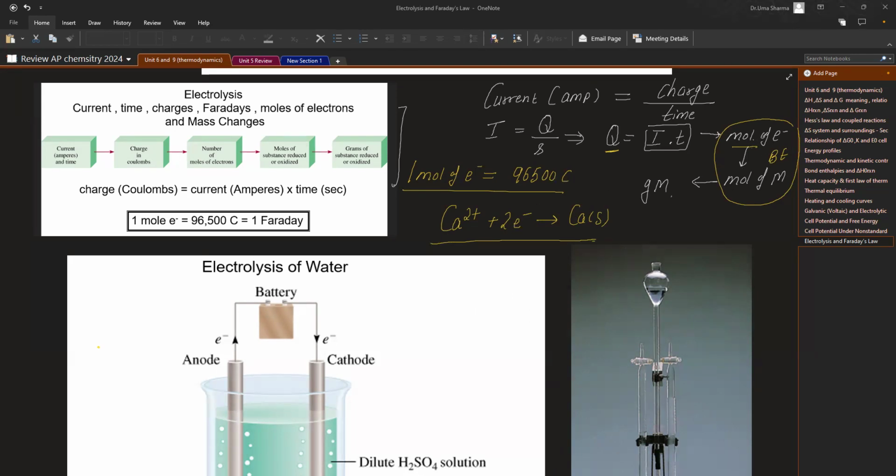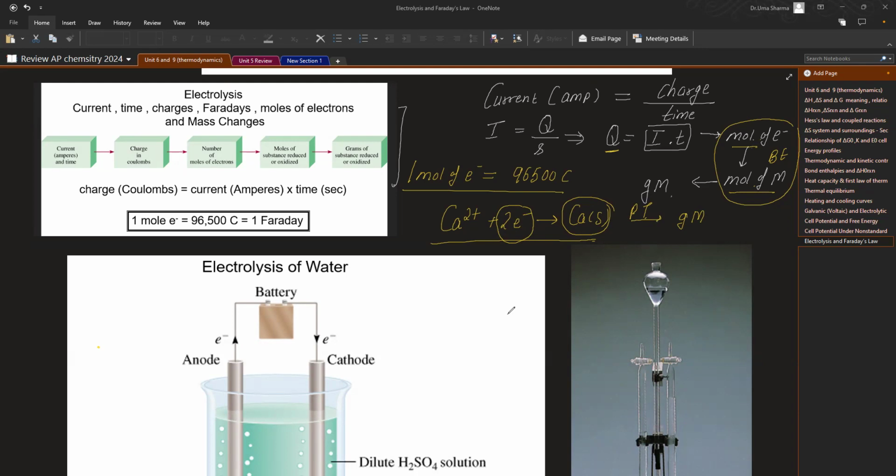So what is the relation between moles of electrons and moles of matter? That 2 moles of electrons can give you 1 mole of matter. Once you have moles of metal, you can convert that into grams of metal by using the periodic table, molar masses.